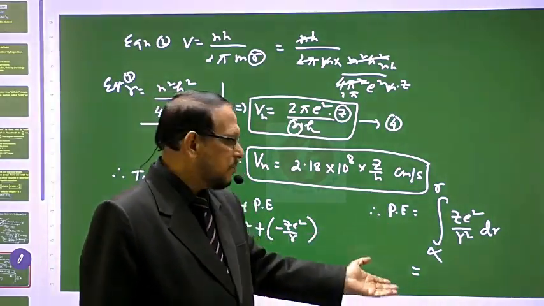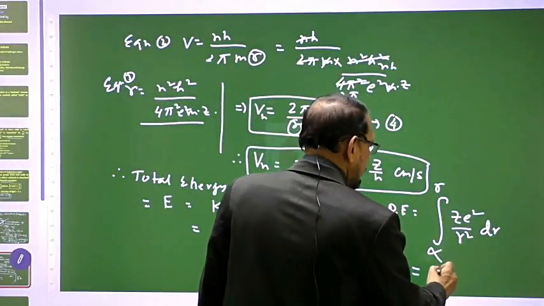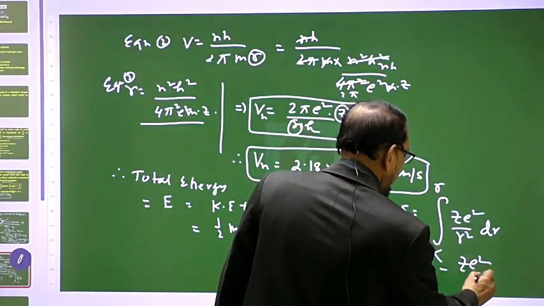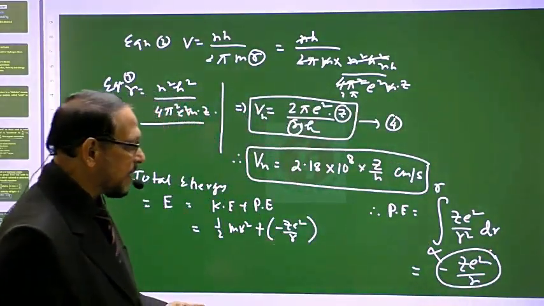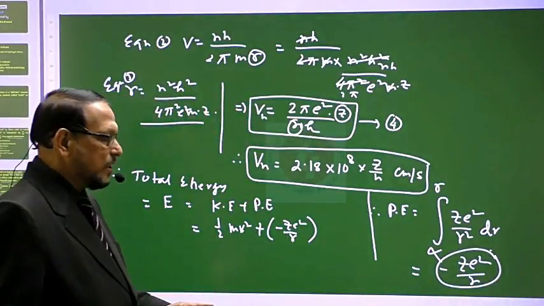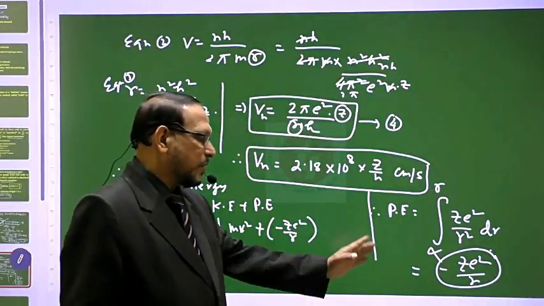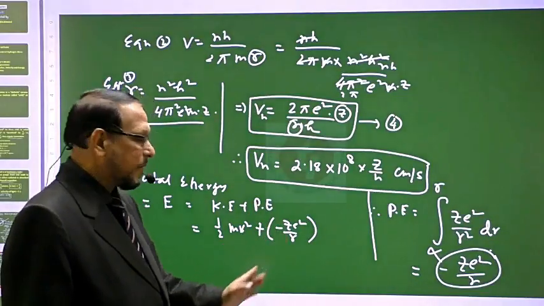Mathematically, we can calculate it by doing the integration from infinity to R, and that gives minus Z square by R. So that's why the potential energy is minus Z square by R. If you have not done integration yet, we will learn it later on. For the time being, we can remember the potential energy is equal to minus Z square by R.